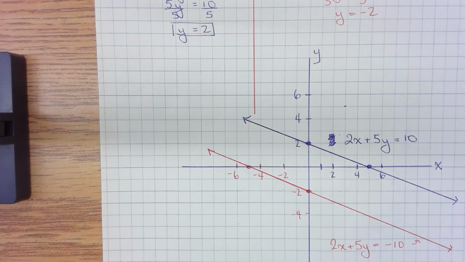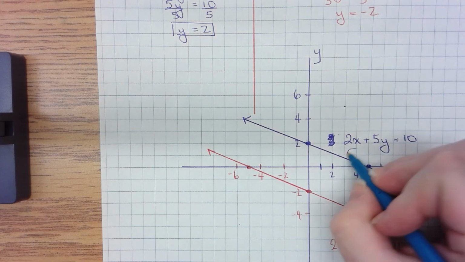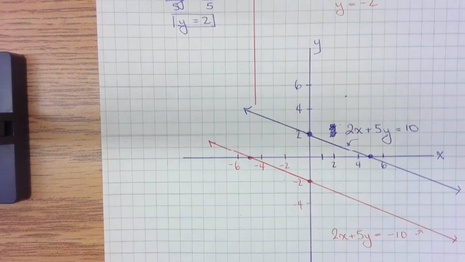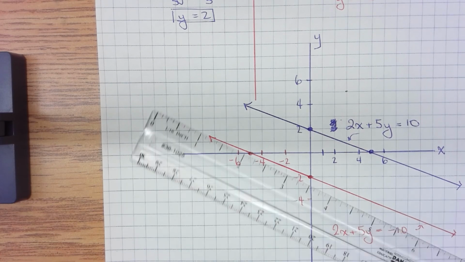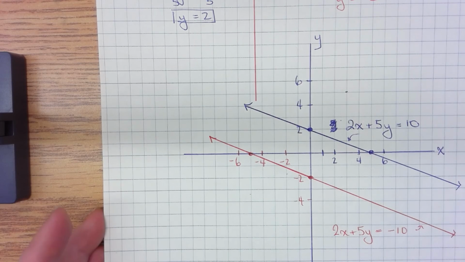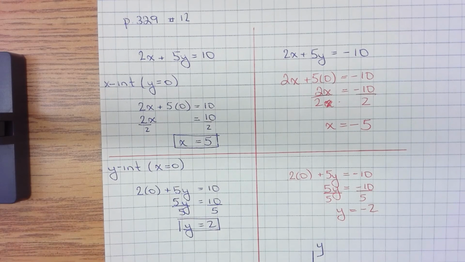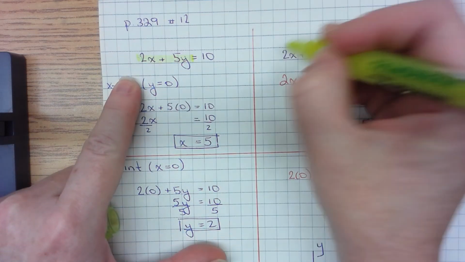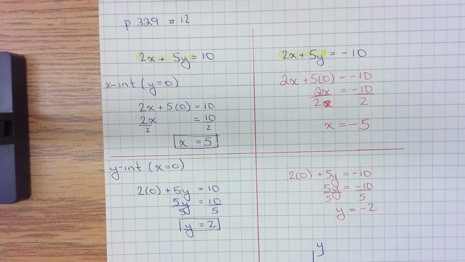Don't forget to always write the equation of your line when you have multiple lines on a grid. I have graphed them, and as you can see, they are parallel and distinct. Hopefully you knew they were going to be parallel and distinct, because when you looked at the equations, this 2x plus 5y and this 2x plus 5y were exactly the same.